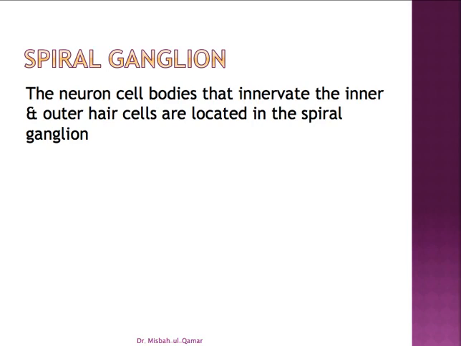Approximately 90% of the spiral ganglion neurons are so important that they are ensheathed by around 50 lamellae of myelin. Your spiral ganglion gives off the nerve fibers which will carry the signals from your ear all the way to your CNS.